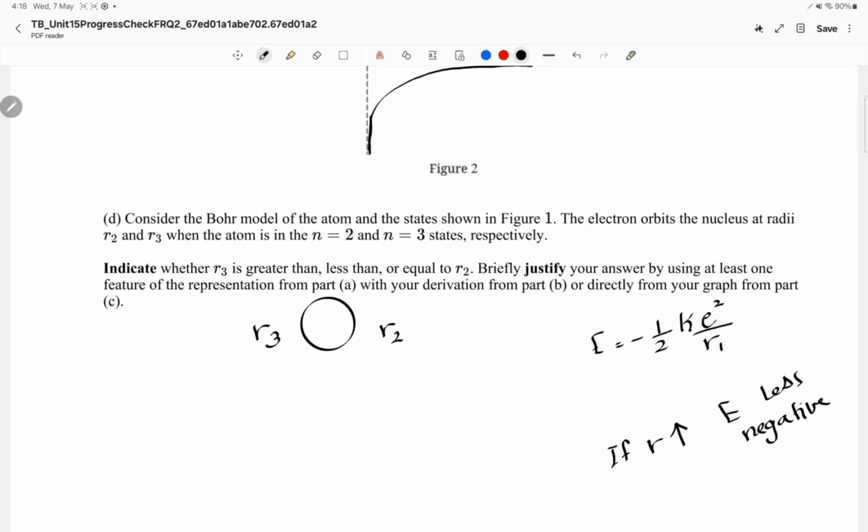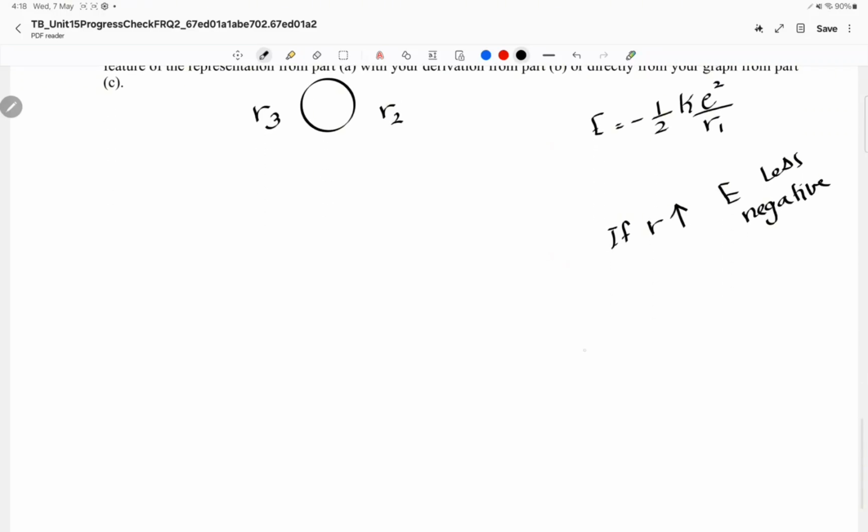Okay, so look, imagine if you have minus 1 over 8 versus minus 1 over 16. Which one is the bigger number here?